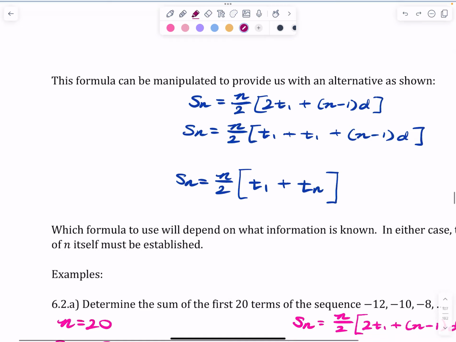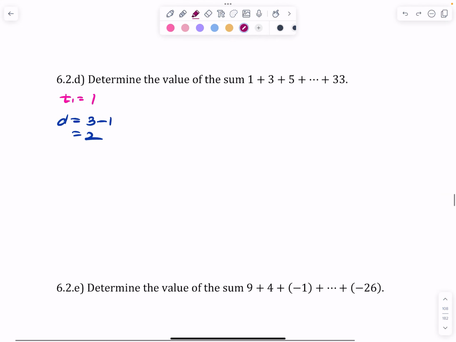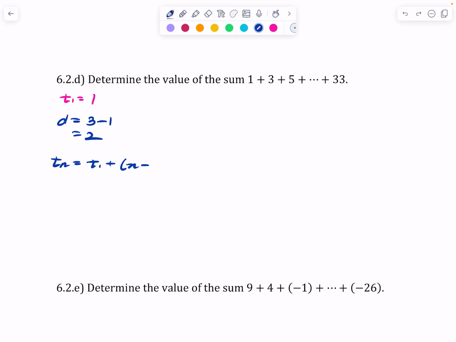So that's absolutely needed. But we can find it because we know that Tn is T1 plus n minus 1 times d. So this 33 is the same thing as 1 plus n minus 1 times 2.